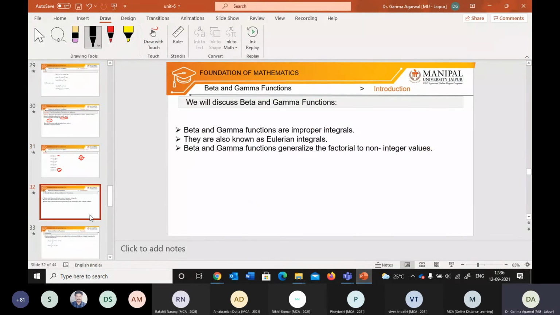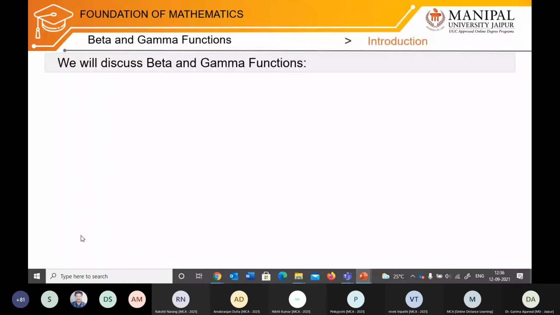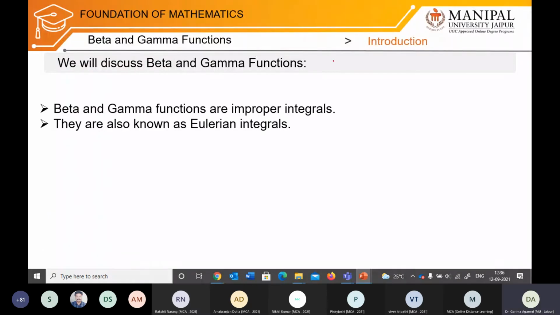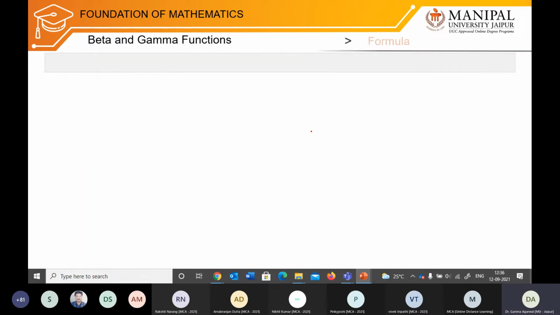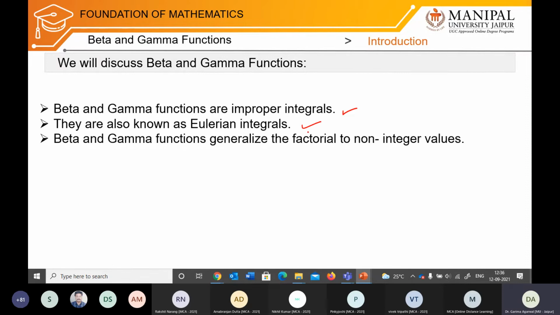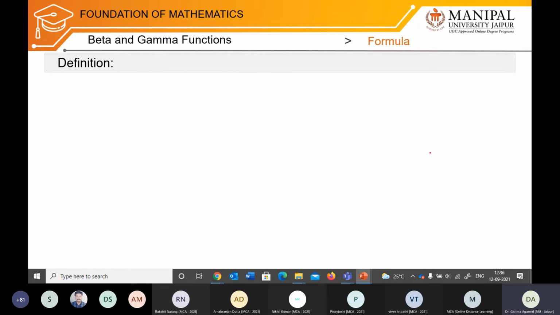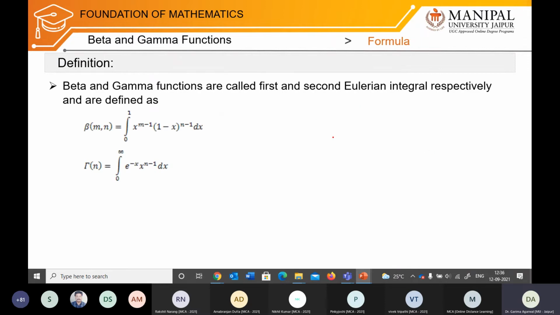So our next topic is beta and gamma function. First thing is beta and gamma function is improper integral and it is also known as Eulerian integral. Beta and gamma function generalize the factorial of non-integer values. What is the definition of beta and gamma function?